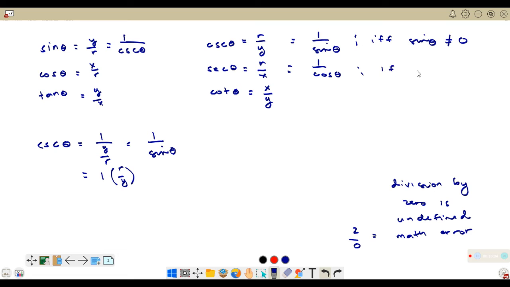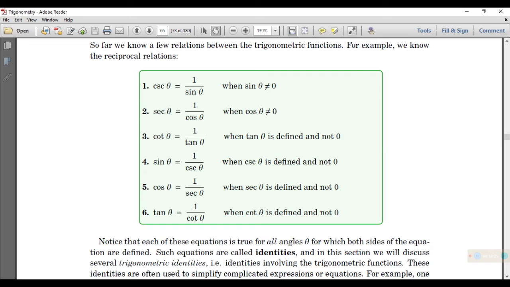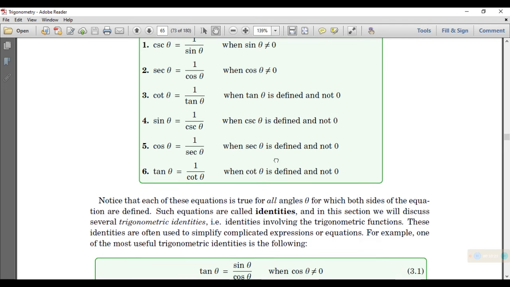So, if and only if cosine theta is not equal to 0. And finally, for cotangent theta, we have 1 over tangent theta. So, if and only if tangent theta is not equal to 0. So, yan yung mga conditions natin. So, yun din yung mga nakalagay dito.